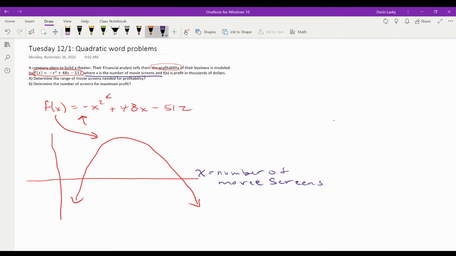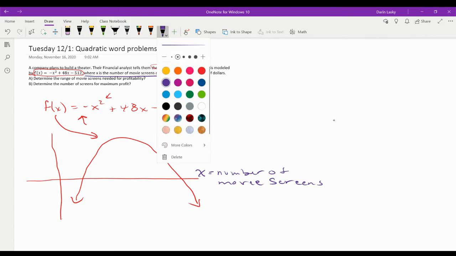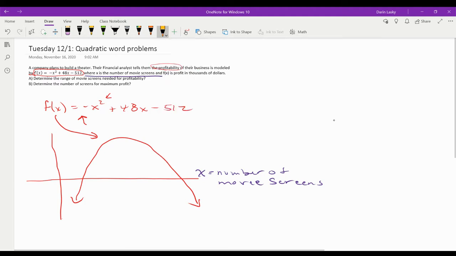Let's change colors again and go to a yellow. It says that f of x is profit in thousands of dollars. Remember that f of x is the same as the y-axis. So f of x is equal to thousands of dollars of profit.